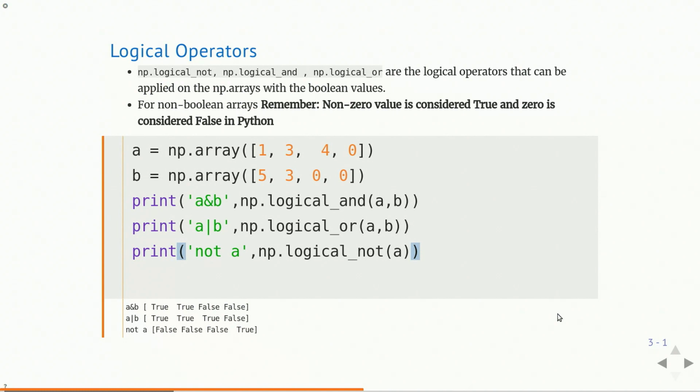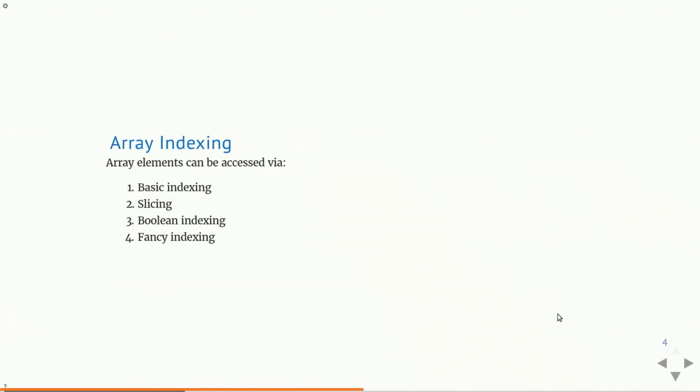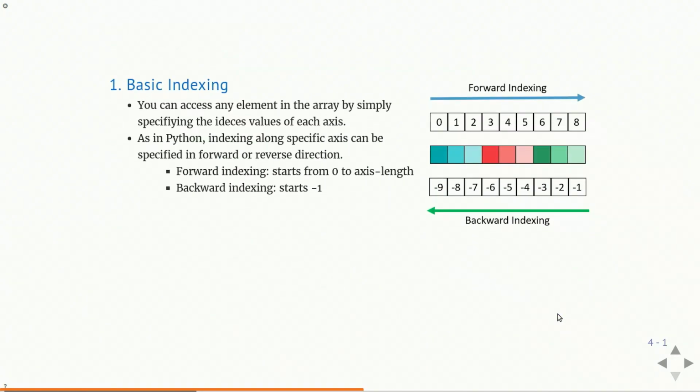Now we have learned how to create arrays and how to apply the basic operations. Our next step will be how to index or access array elements. Array elements can be accessed via four different indexing methods. It is extremely important to master all these indexing methods to build realistic data science applications. Let's start with basic indexing. Basic indexing is identical to Python indexing, where you can access any element by specifying the index value along each axis.